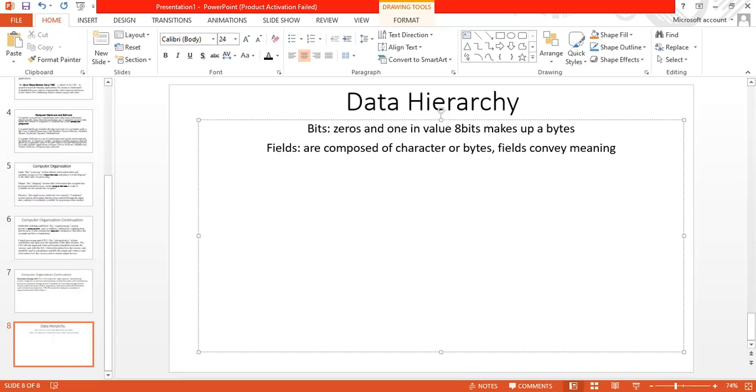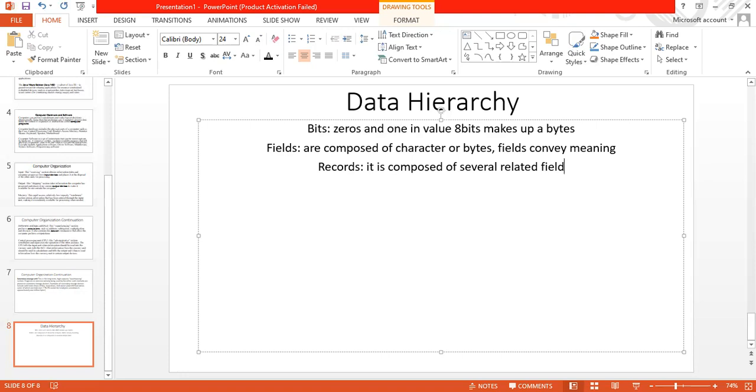The third one, we have the record. It is composed of several related fields. You can see that it's going from the simple, from the least, to the complex. First, we have the bits, which are zeros and one.